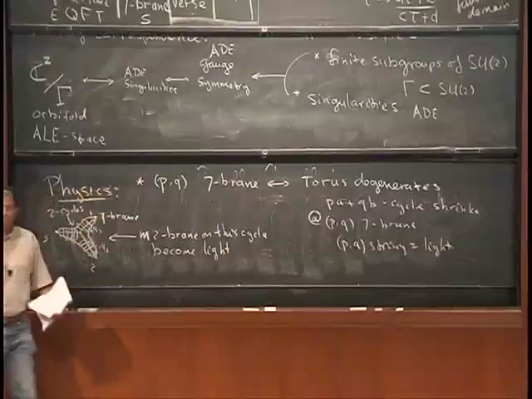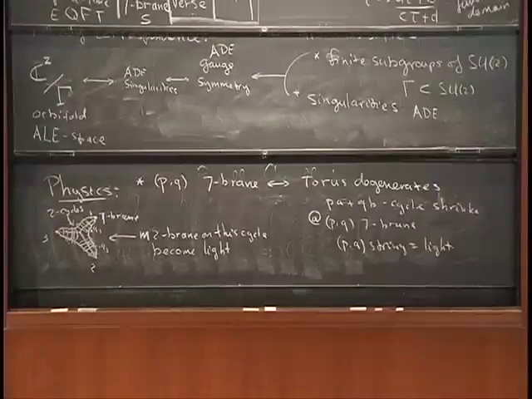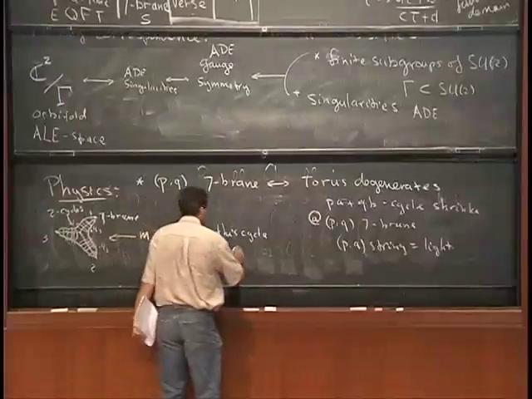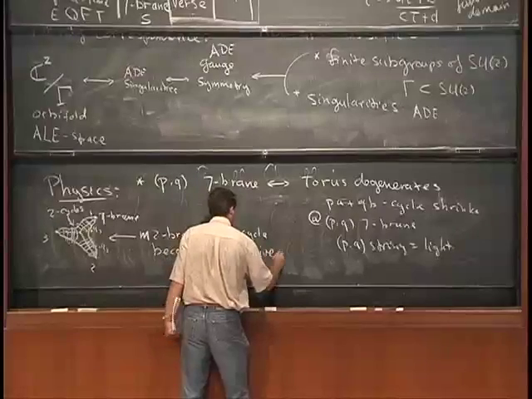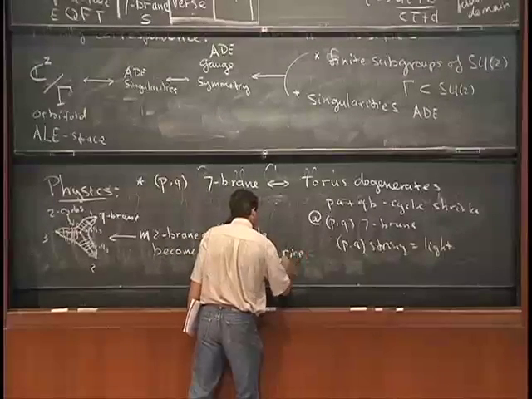Again, it becomes light in the limit where all the branes are on top of each other, and it gives rise to the gauge boson.